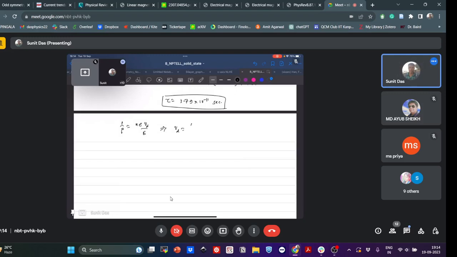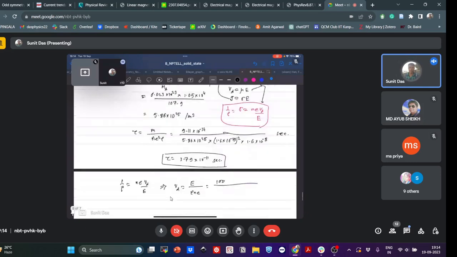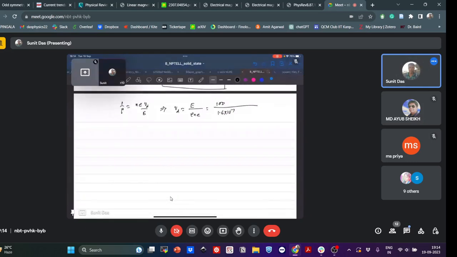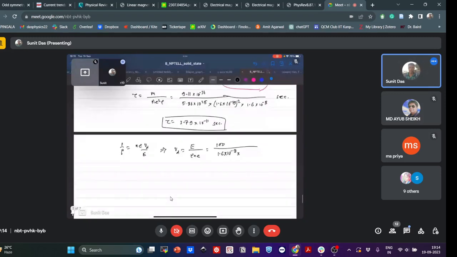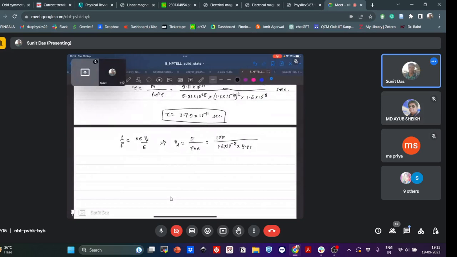Drift velocity becomes 100 by rho is 1.6 into carrier concentration into electronic charge.